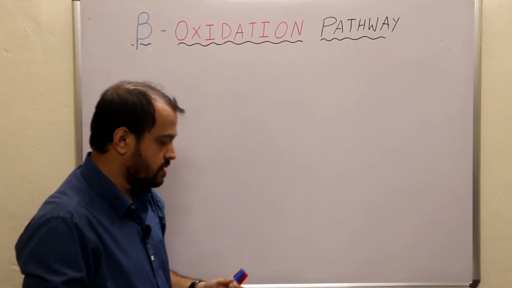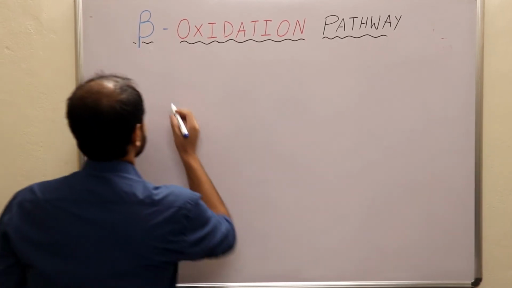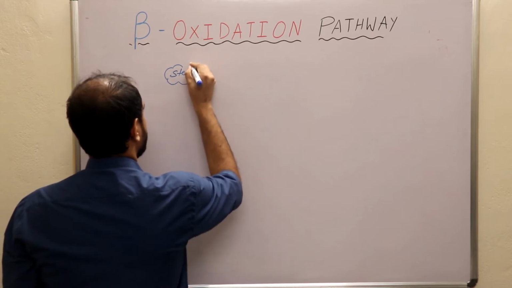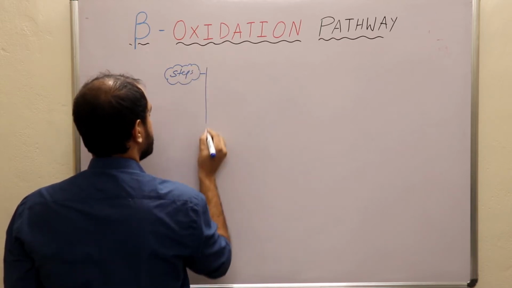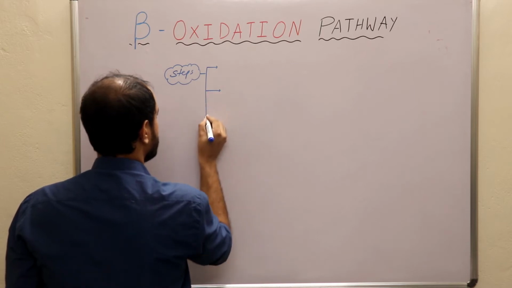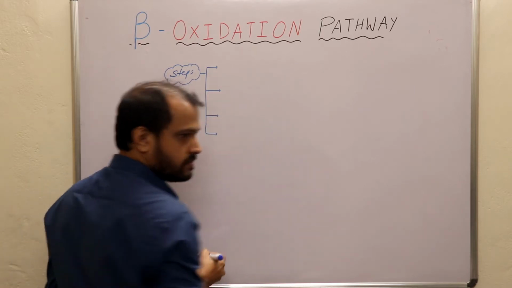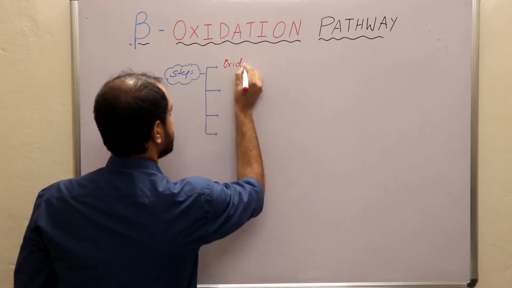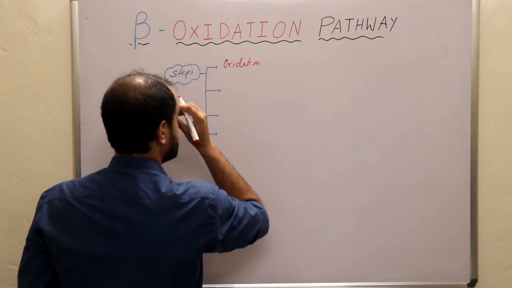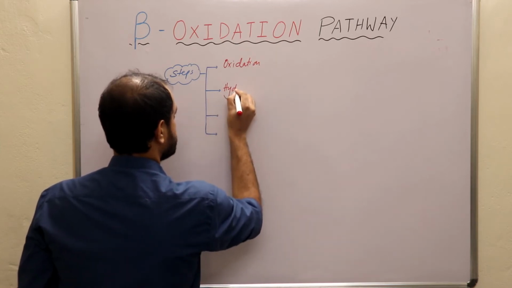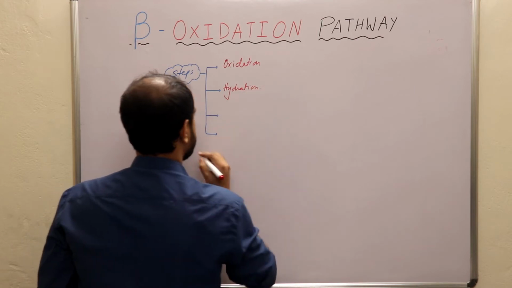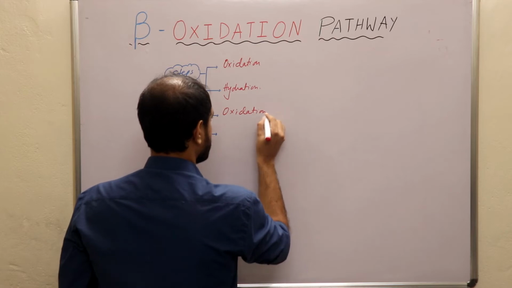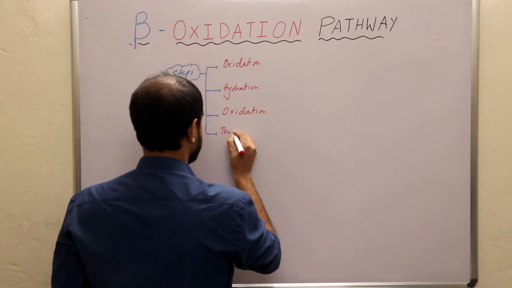Listen, beta oxidation steps are simple. These are biochemical steps which are divided into 4 categories. Okay, they are oxidation, hydration, again oxidation, and then thiolase.